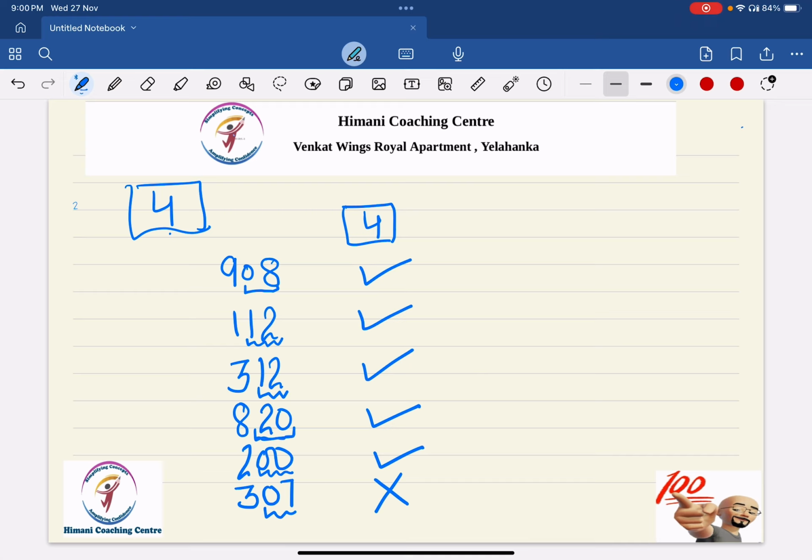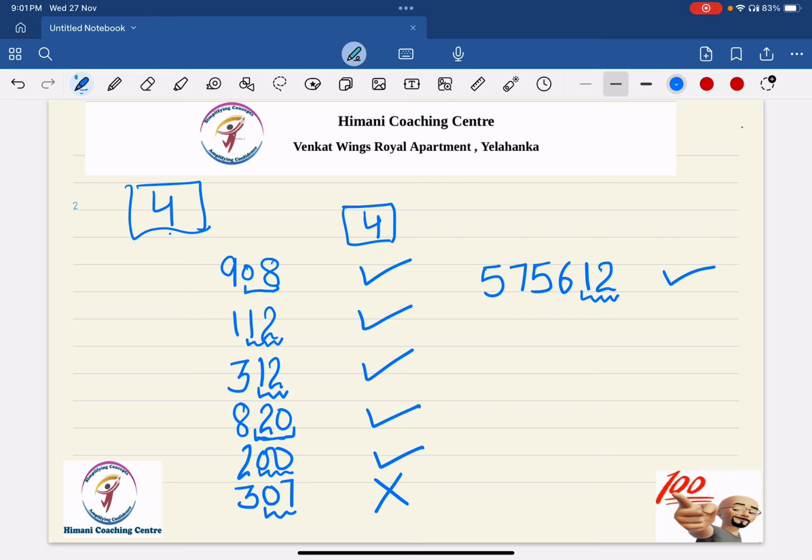Okay, we can get any big number, we just have to look at the last two digits. As an example, I'm just making some number. Okay, this is a big number, but if I have to just check, is the number divisible by 4? What we need to do is just look at 12 and we will say yes, it is divisible.